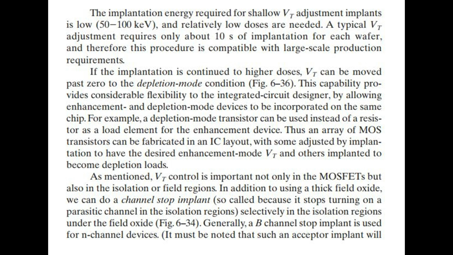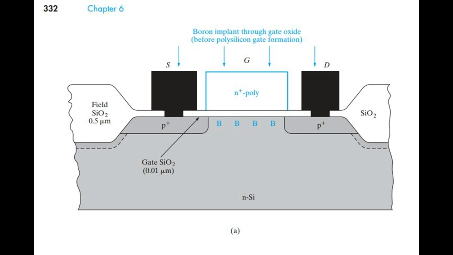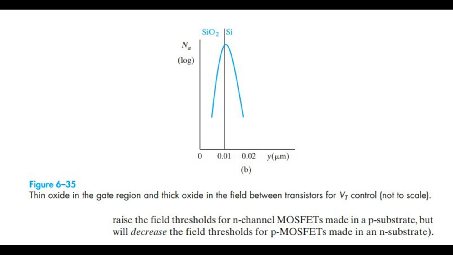It must be noted that such an acceptor implant will raise the field thresholds for N-channel metal oxide semiconductor field effect transistors made in a P substrate, but will decrease the field thresholds for PMOS FETs made in an N substrate. Figure 635. Thin oxide in the gate region and thick oxide in the field between transistors for threshold voltage control. Substrate bias affects the body effect.